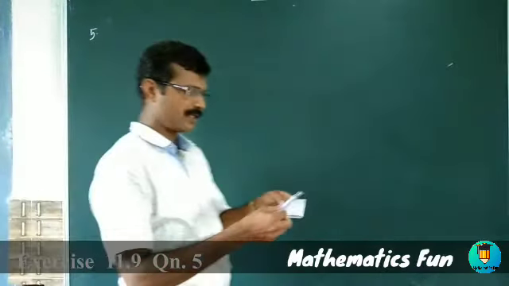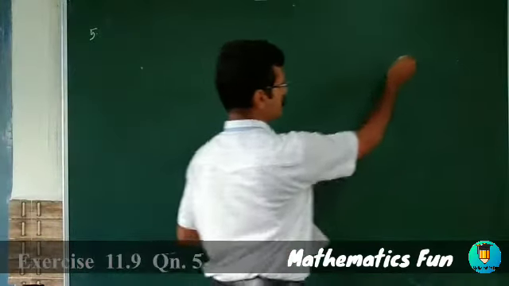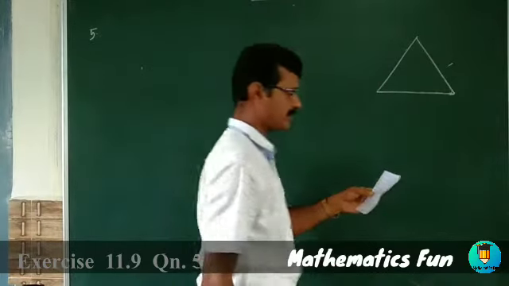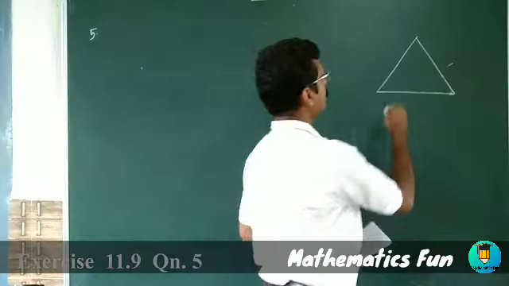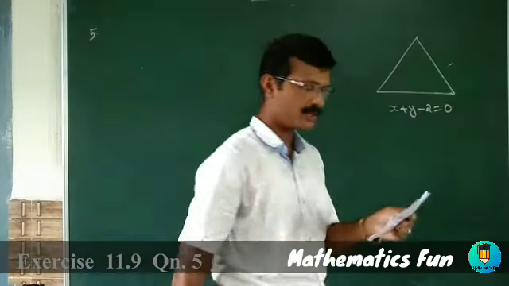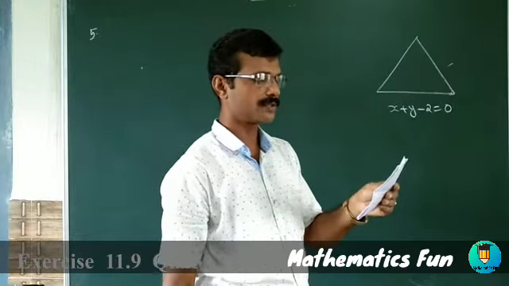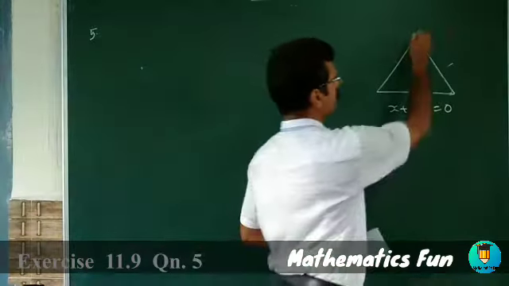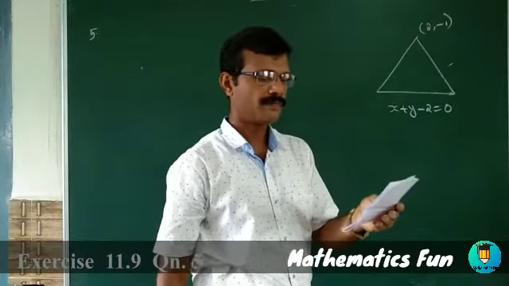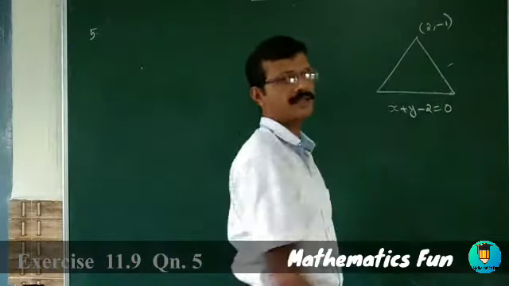Here the question is, if the equation of the base of an equilateral triangle is x plus y minus 2 is equal to 0, and the vertex is 2, minus 1, then find the length of the side of the triangle.